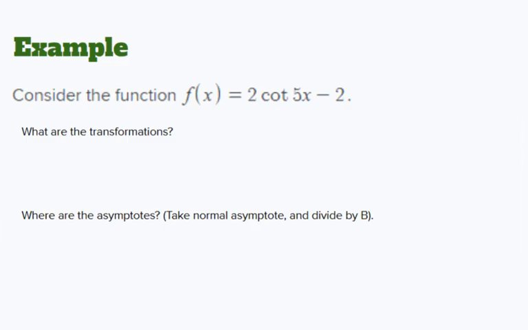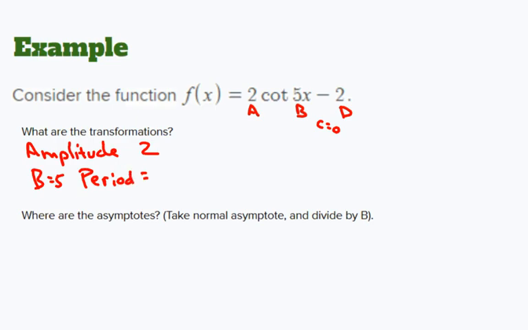What's the transformation of this cotangent? Well, first off, I need to recognize that this is my A, this is my B, C is non-existent, C equals 0, and this is my D. What does A do? It changes its amplitude. So the amplitude is 2. Well, the B is equal to 5, which makes my period equal to pi over 5.